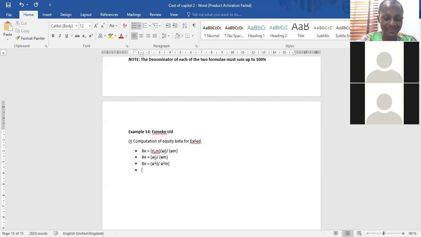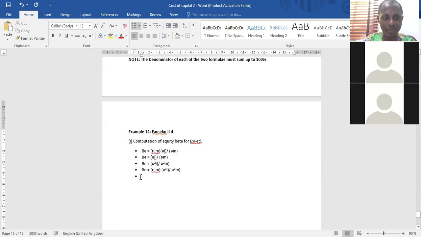The fourth formula is the correlation of the investment return with the market, multiplied by variance of the investment over variance of the market.